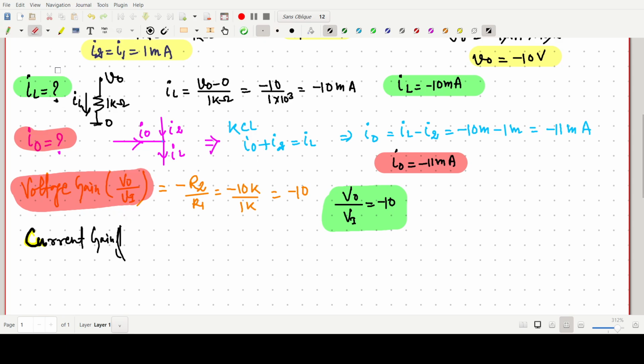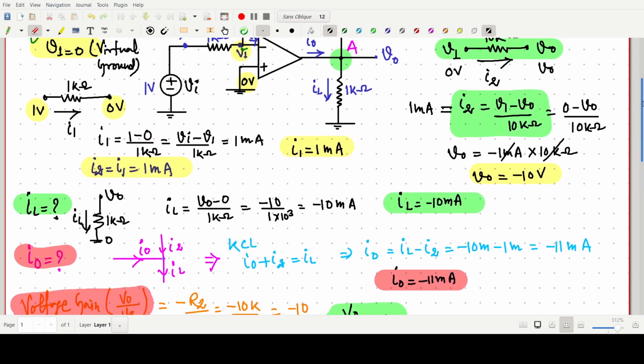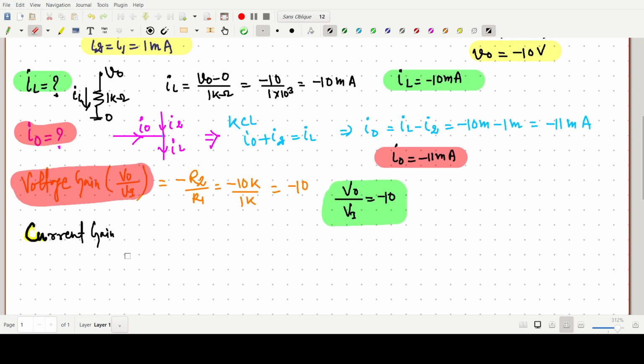Okay, wait. Current gain, once again I have to check what they are asking. IL by I1. Current gain, that is our IL by I1.